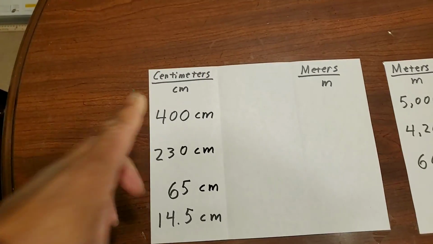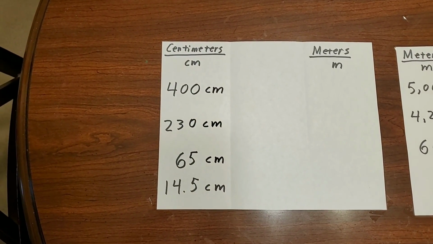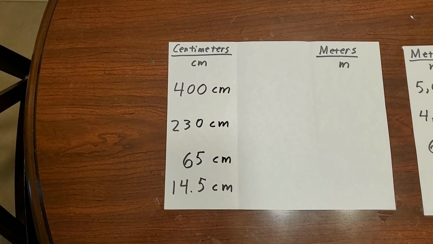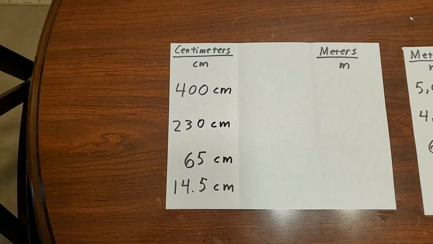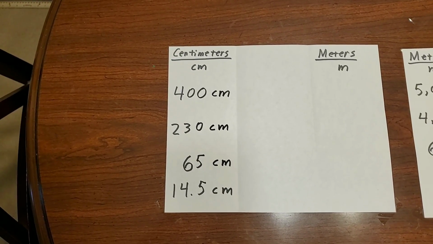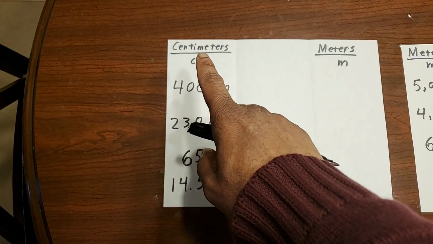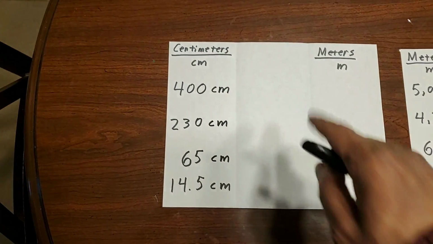So let's start with 400 centimeters. If I want to take 400 centimeters and convert it into meters, what am I going to do? If you said I want to divide, you're correct, but what am I going to divide? How many centimeters does it take to make a meter?